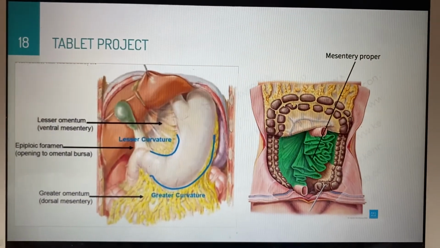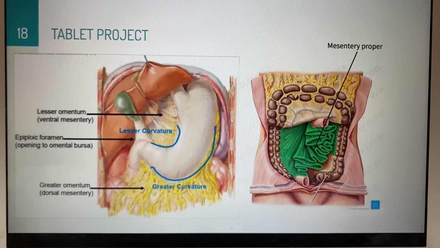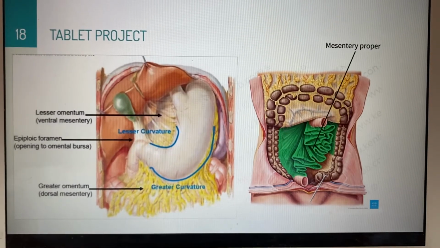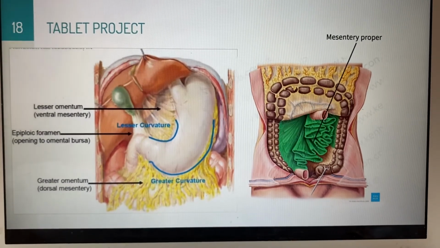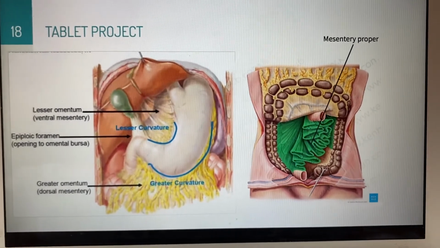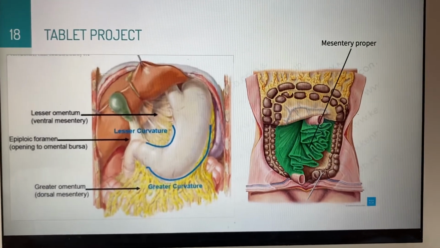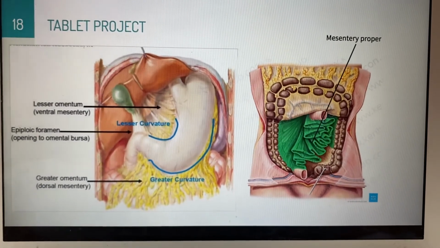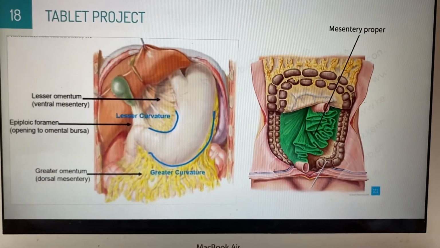Next we have this, so we're just labeling the different curvatures and omentums, so you can definitely mostly memorize this. It's a lot of a memorizing game for anatomy, but these pictures definitely should help for that.